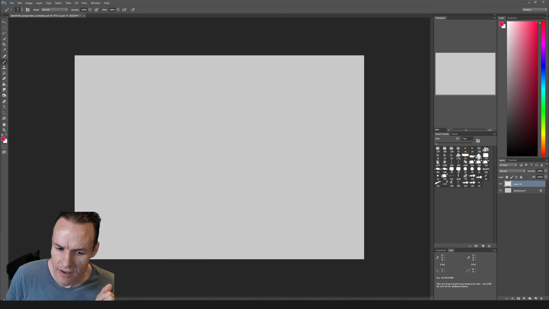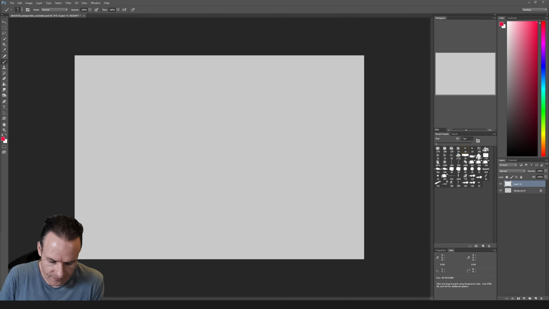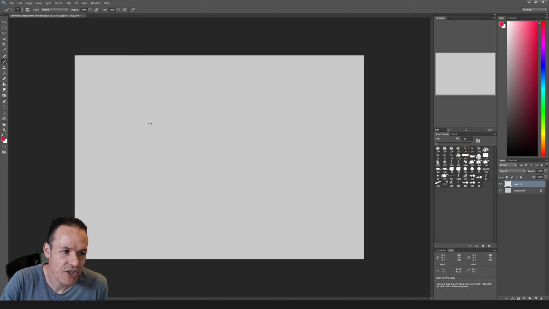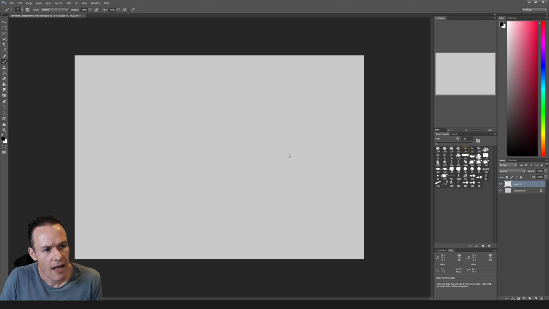So guys, let me demonstrate to you what actually means isometric, right? So what is isometric in general? Isometric is a projection technique.